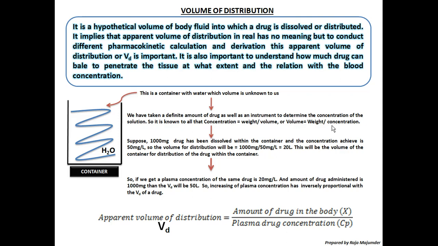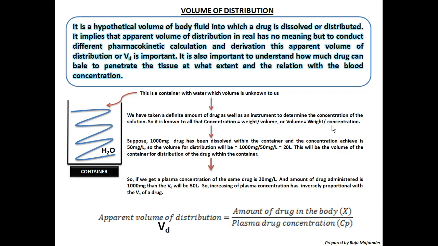Here we are concerned with the apparent volume of distribution. The true volume of distribution has an actual physiological meaning, but it is not easy to determine each time how much drug is actually available in the true volume of the different organs, because different organs have different perfusion rates of blood and different volumes. On that basis, determining the true volume is not possible, to know how much drug has penetrated and is available.